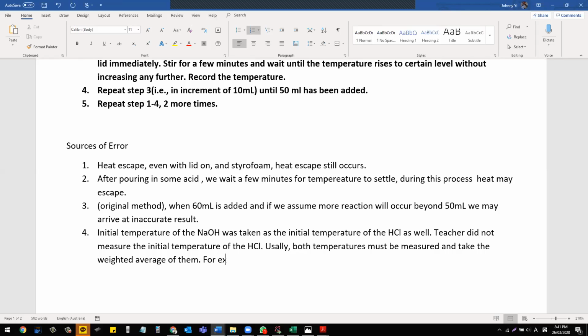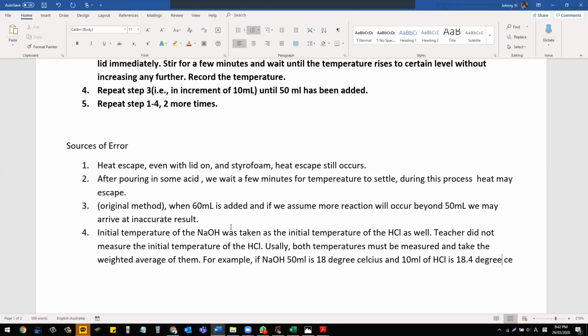For example, if you have NaOH at 50 mL and 18 degrees Celsius, and the HCl is, let's say, initially 18.4 degrees Celsius, and 10 mL of HCl is added to it.